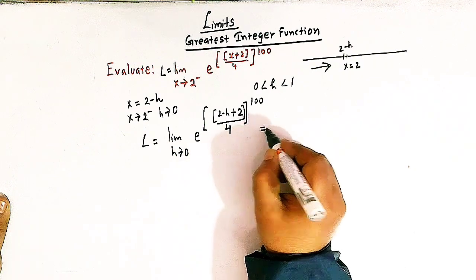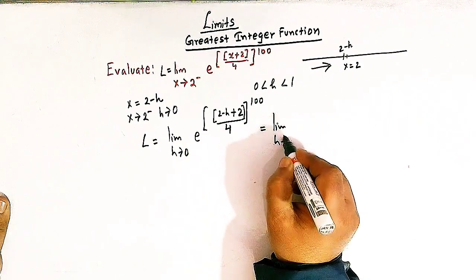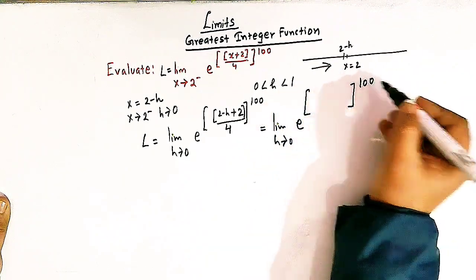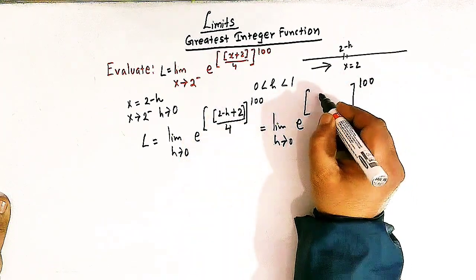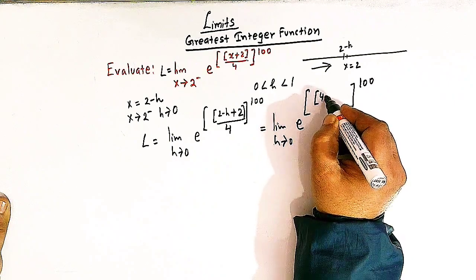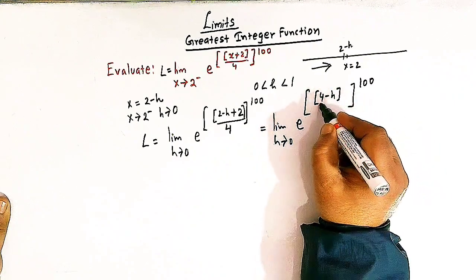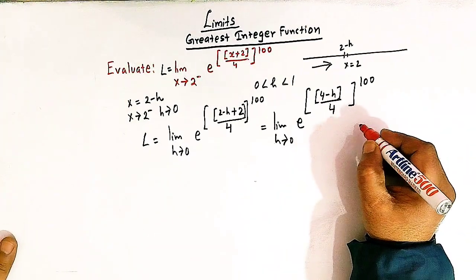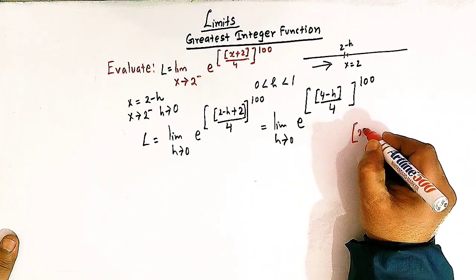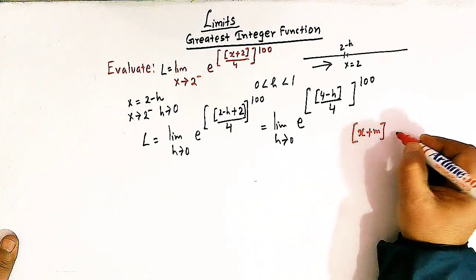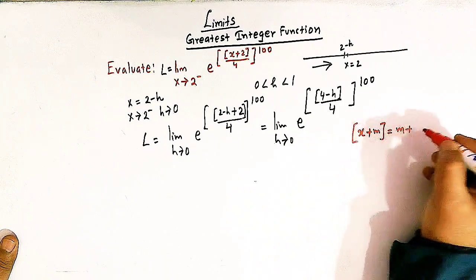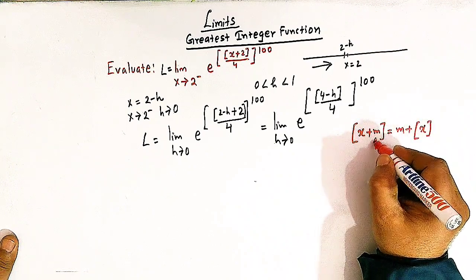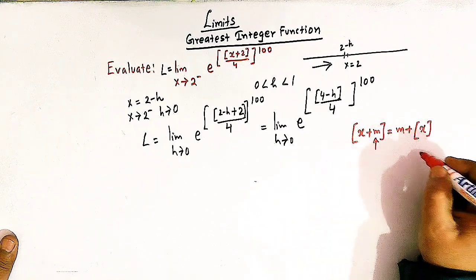Okay, so now we can write it as limit h tends to 0, e raised to greatest integer, here we have 100. This is 2 plus 2, 4. So we have greatest integer of 4 minus h divided by 4. So the first property is greatest integer of x plus m is equal to m plus greatest integer of x, where this m belongs to the set of integers, right?